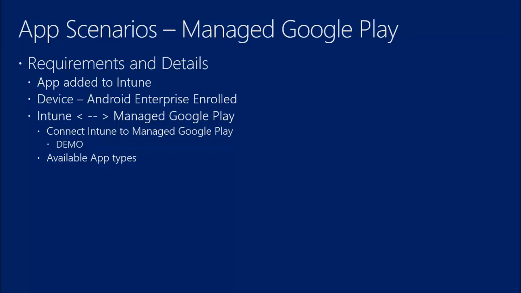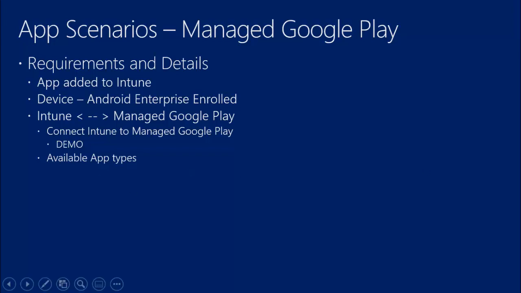Right now, there's a couple of things with this. You have to make sure that portal.azure.com and play.google.com are in the same security zone in your browser. And again, you need to connect Intune to the managed Google Play Store so that you can get this done, right? So let me first show you that.